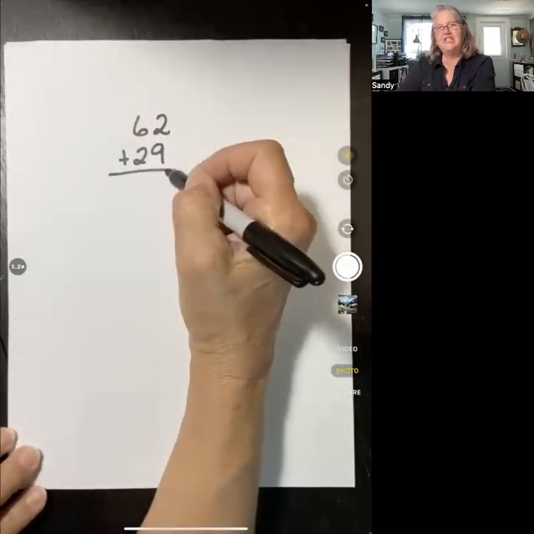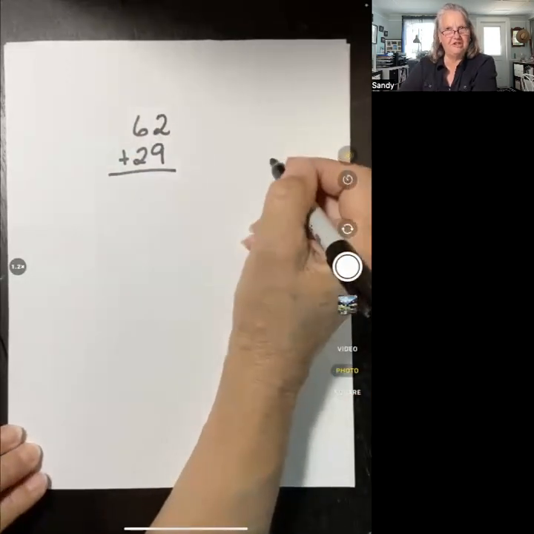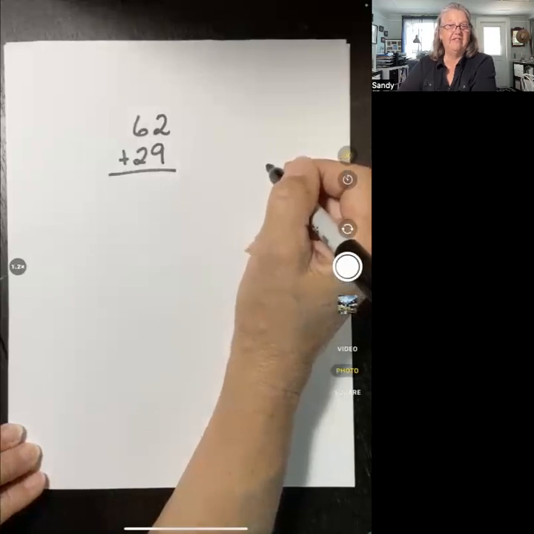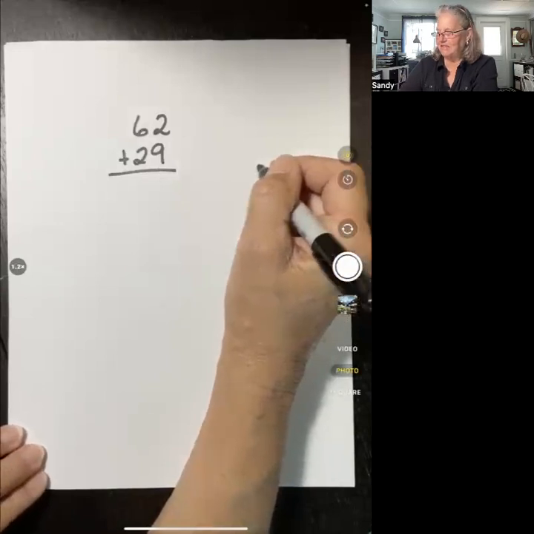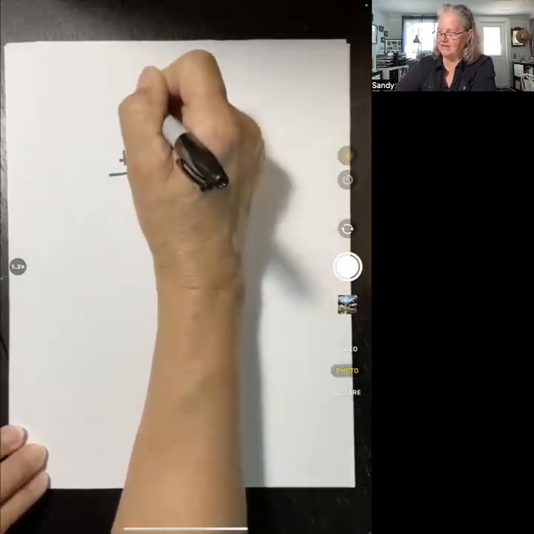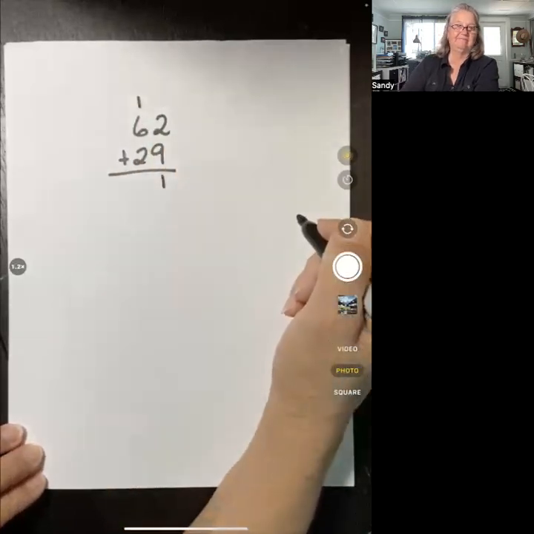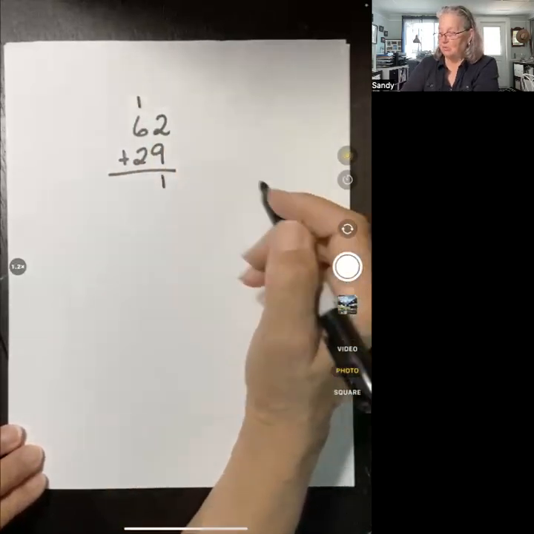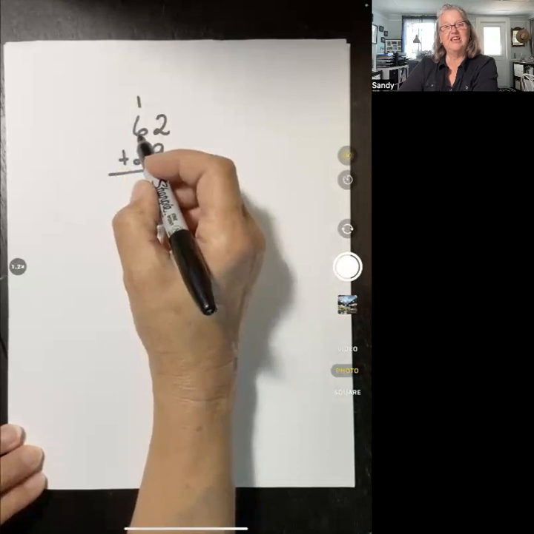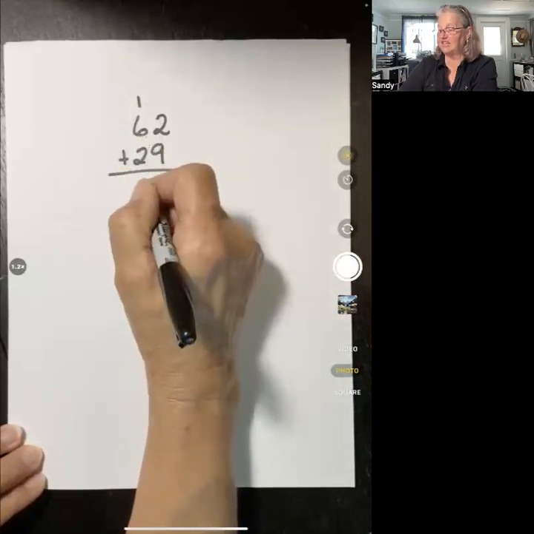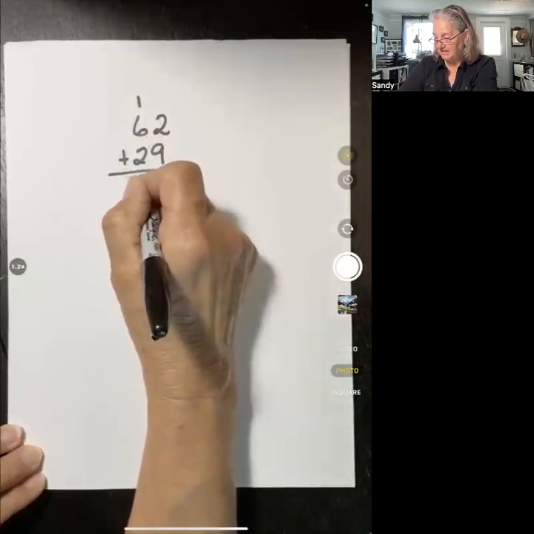If I have 2 ones and 9 ones, how many ones do I have? I have 11 ones. What's an equivalent way I could make 11 ones with the fewest number of pieces? Well, I could make it with a 1 and with a 10. Now, I've got 1 ten, 6 tens is 7 tens, and 2 tens is going to be the 9 tens.